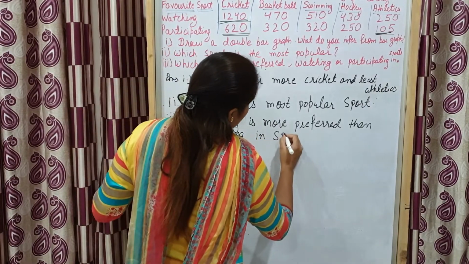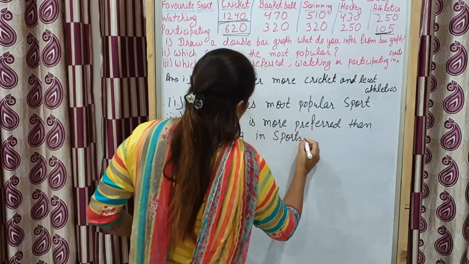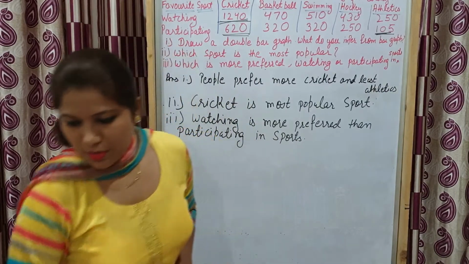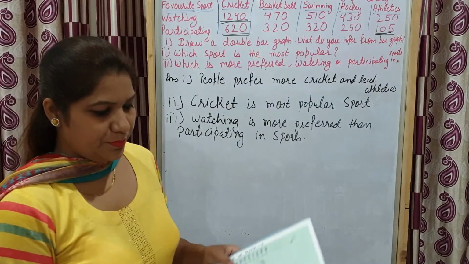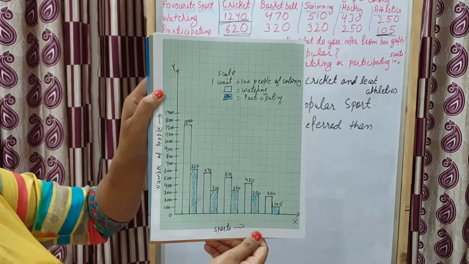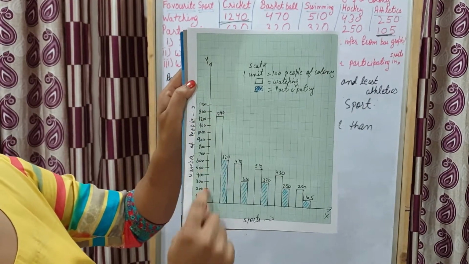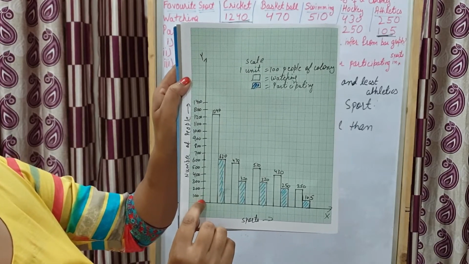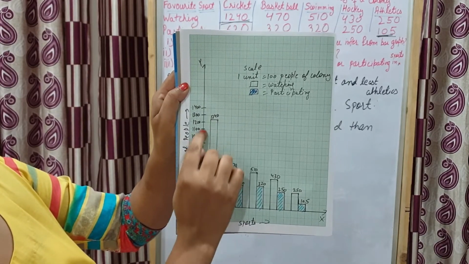Now students, I will show you the graph also. I have done it in the graph. So see in the graph. See student, this one graph like the previous one. Here y-axis, x-axis. Again I have taken one box as 100 people till 1400.